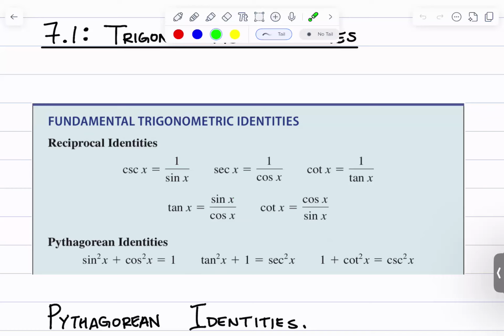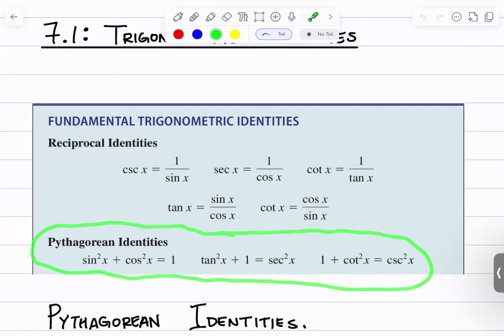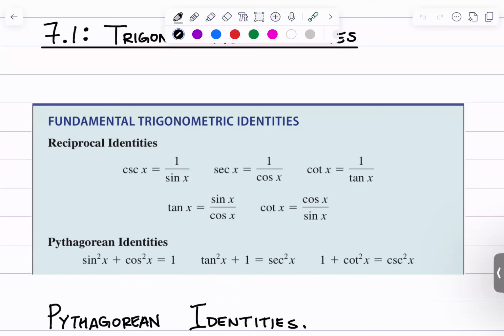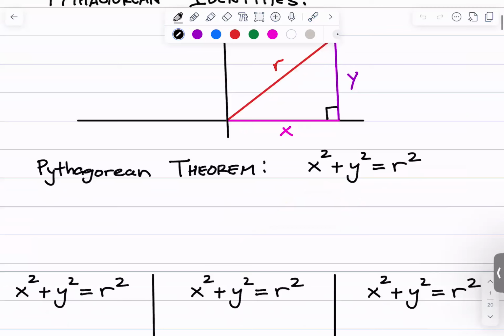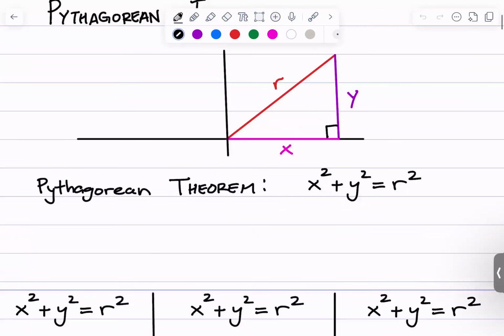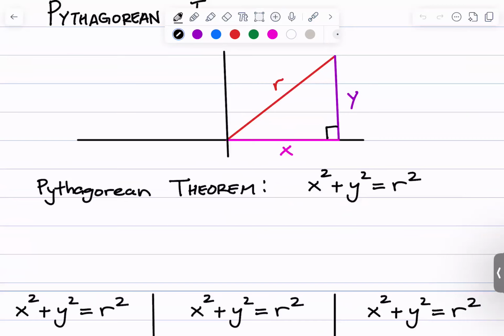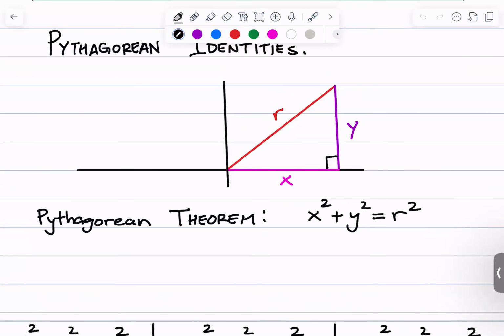The Pythagorean identities are new to us. Okay, and I'll show you how the identities work. They're based off of the Pythagorean theorem. So if we go back to x, y, and r in an xy coordinate plane, like what we did in the middle of this trig unit, the Pythagorean theorem gives x squared plus y squared equals r squared, correct?